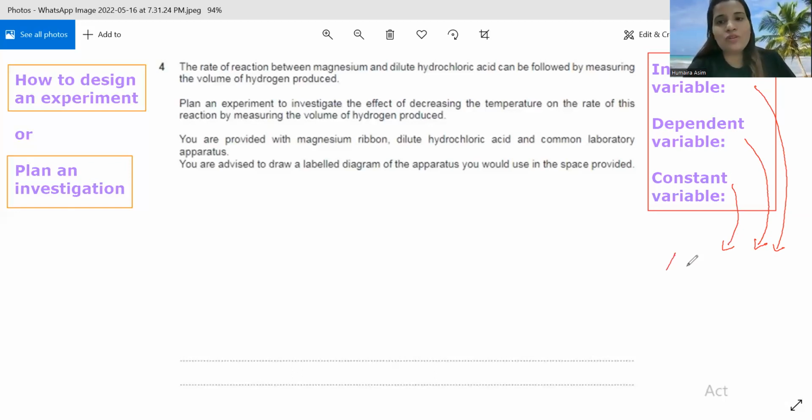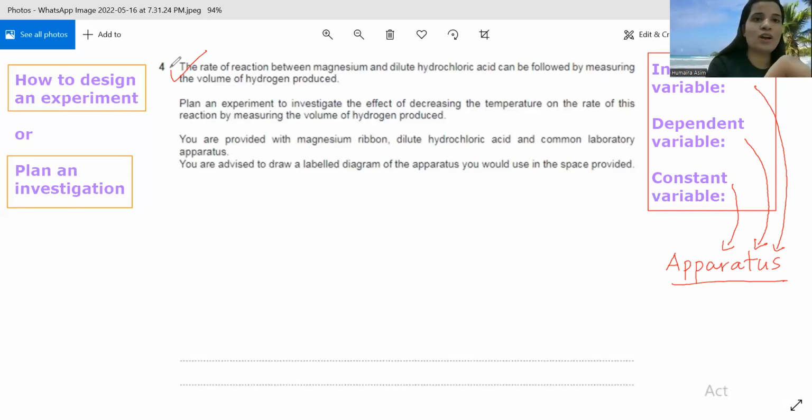I will bring all these points later, when we do this example. So I will tell you how I am gonna put it here. Then, other than that, I will be giving you some common points that you are going to put. So let's talk about it first.